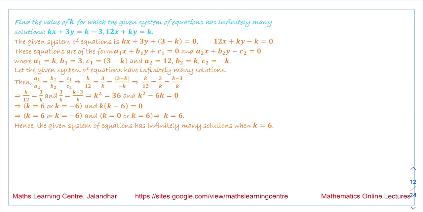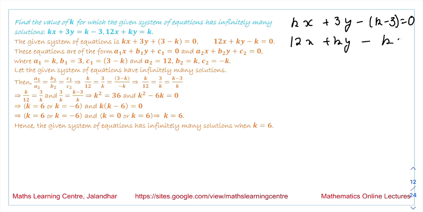Next we have, find the value of k for which the given system of equations has infinitely many solutions. So we are writing these equations in the form kx plus 3y minus k minus 3 is equal to 0. Next it is 12x plus ky minus k is equal to 0. So this is a1, b1, c1, this is a2, b2 and c2.